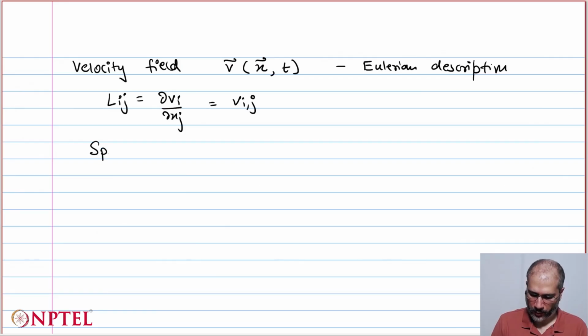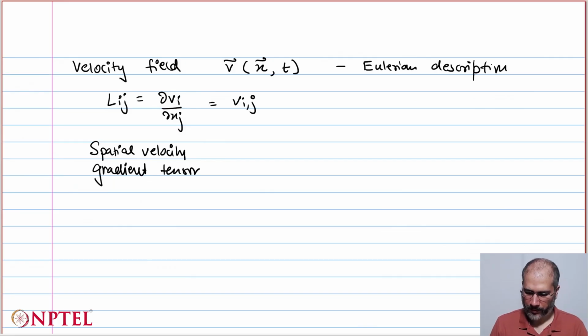And we call this the spatial velocity gradient tensor. So it is called spatial because the derivatives are with respect to the spatial coordinates.